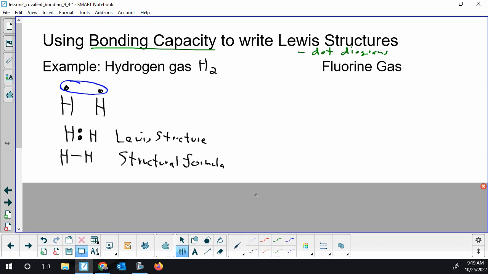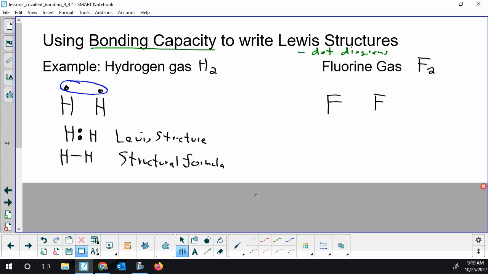Fluorine gas will be next. This is another one of those diatomics: H2, N2, O2, F2, Cl2, Br2, I2. So we have two fluorines. I'm going to be a little bit strategic and think a little bit. I'll say my thinking out loud. I know fluorine is in group 7A. I know it has 7 electrons.